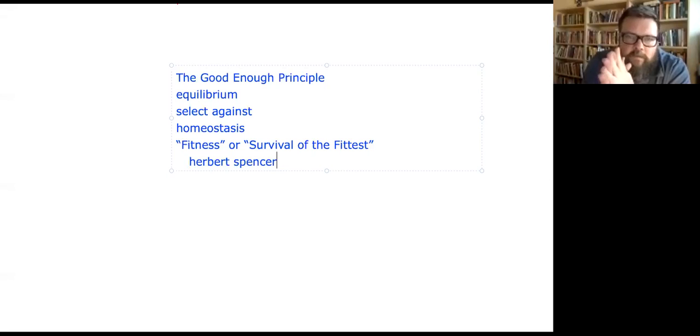If you are in your environment and you are in a state of homeostasis, you are fit for that environment. I try not to use those words because as a social scientist, they give me the creeps. But even biologists use those words now, so it's totally fine if you use them. I'm not going to grade you down, as long as it's clear that I know what you mean by them.